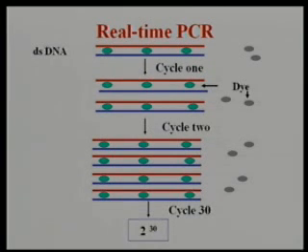What the polymerase chain reaction does is it amplifies particular genes. And what happens is there's a dye present in the solution with everything else, and this dye is not coloured.